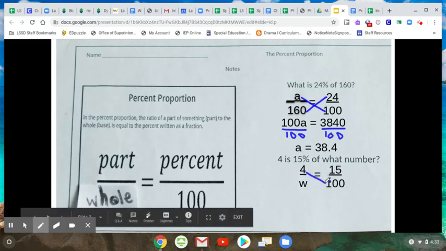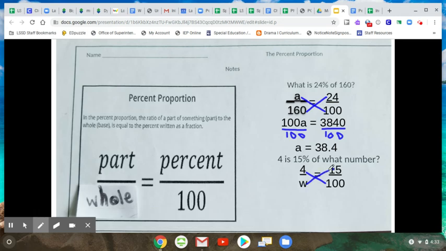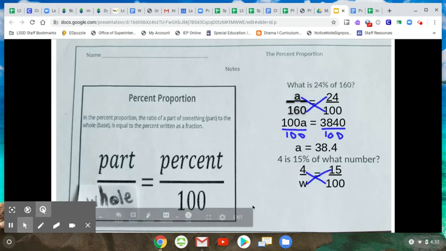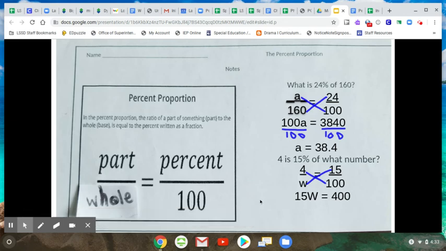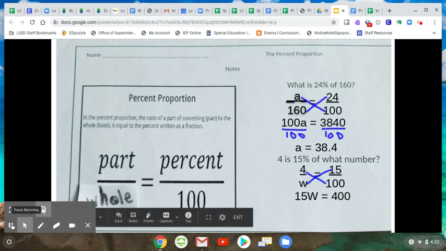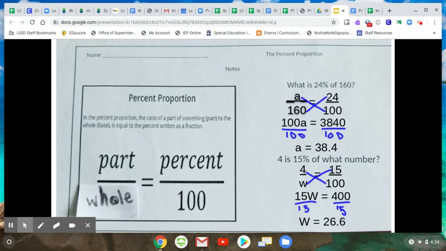I'm going to multiply 15 times W and 4 times 100, and I will get 15W is equal to 400. The W still is not by itself, so I will need to divide by 15. And once I do that, W is 26.6. So 4 is 15% of 26.6.